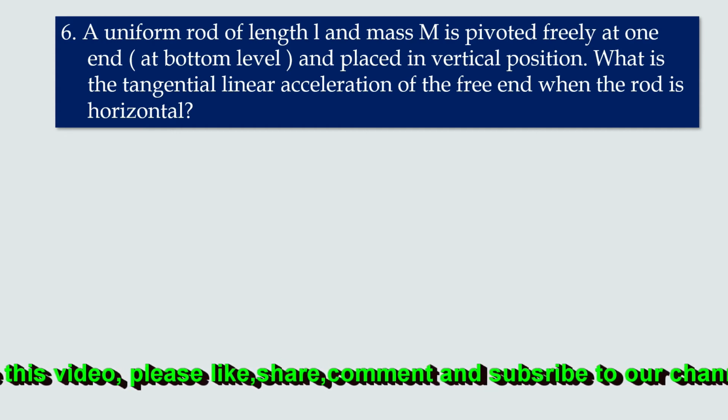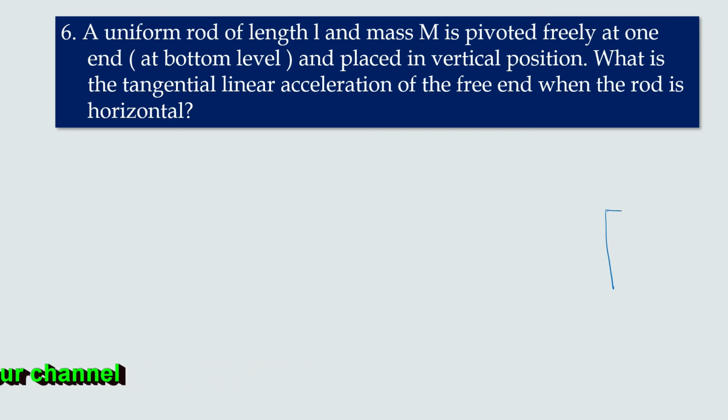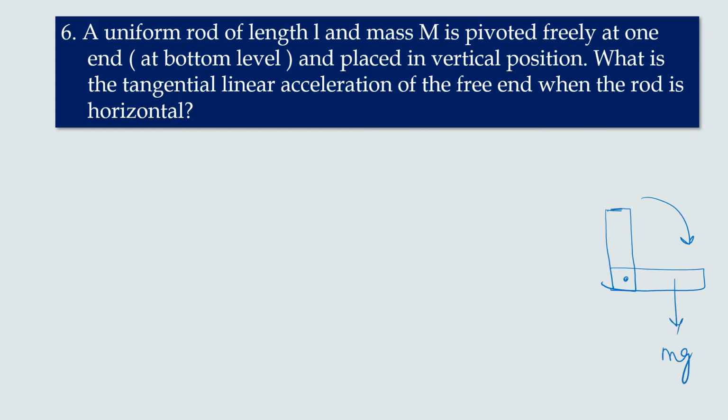Now see, this is a uniform rod pivoted at the free end, with weight, gravitational force mg, and this is the bottom level, L by 2.